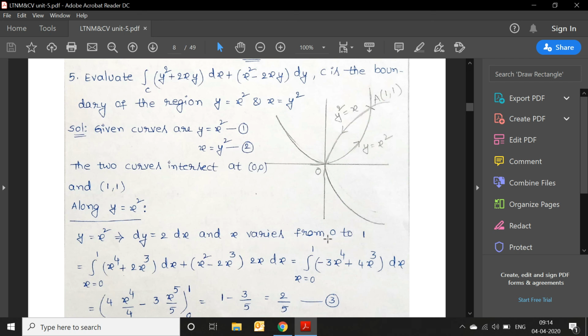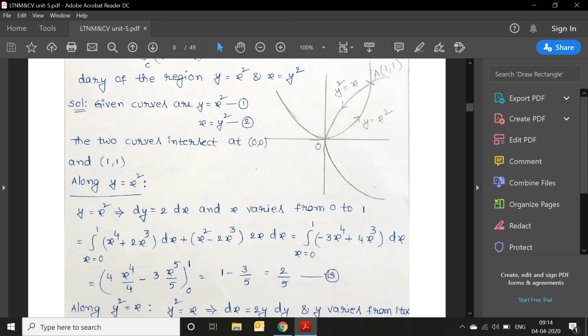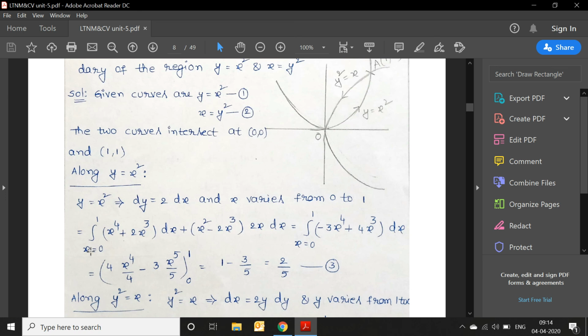X varies from 0 to 1. Integral 0 to 1, we substitute the values. Y is equal to x square, so x power 4 plus 2 into x cube dx, plus x square minus 2x into x square, 2x cube, and dy is 2x dx. Total limits are from 0 to 1, so we write one integration and simplify that.